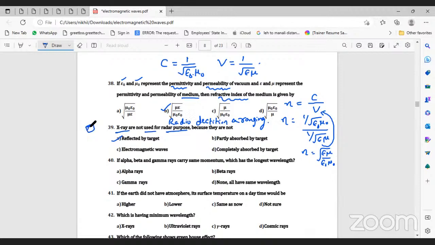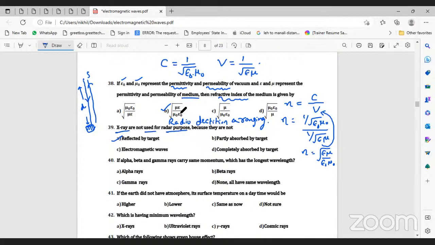Suppose this is the target and this is the source. From the source I send a ray of light, and when it is incident on the target, it gets reflected back to the source. By measuring the time taken by this ray to travel, you can measure this long distance d. This is the phenomenon radar uses to detect large distances.